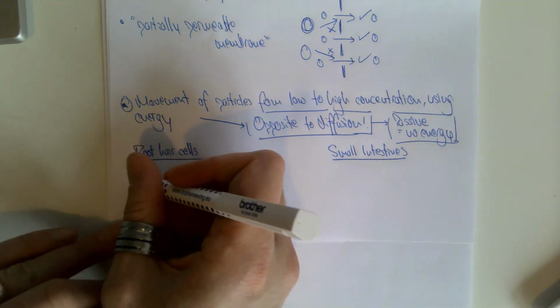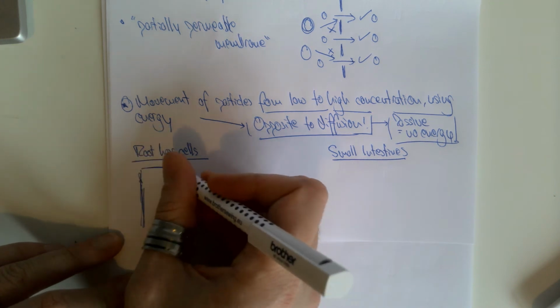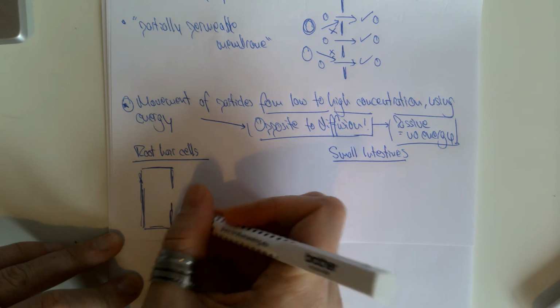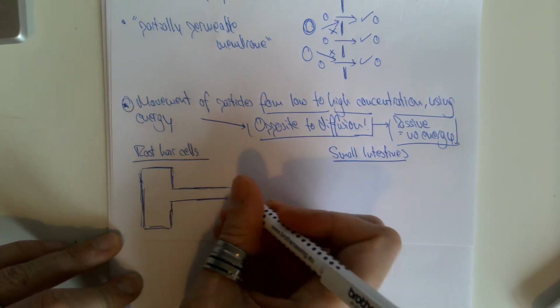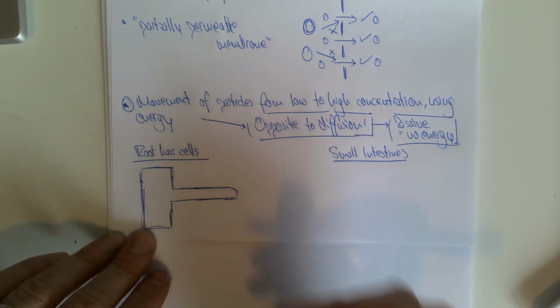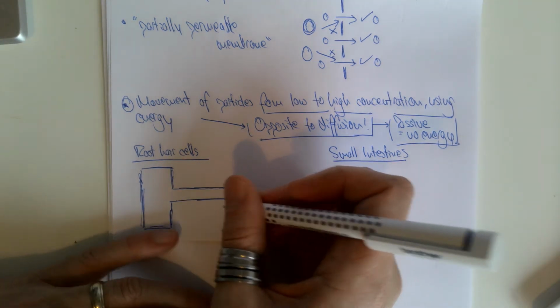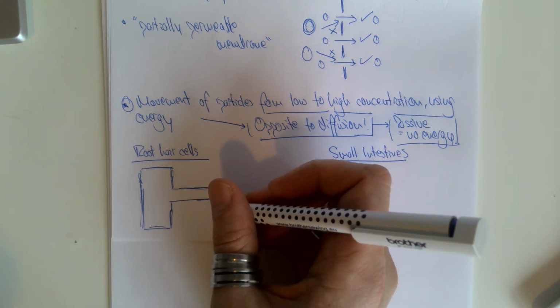Now, root hair cells are long, thin projections that stick out of roots that increase the surface area of a root and have very thin walls.